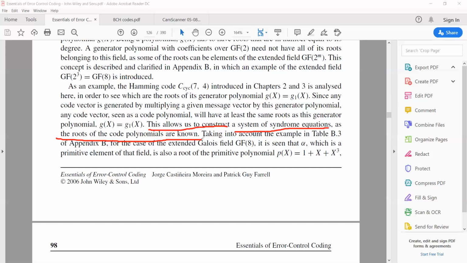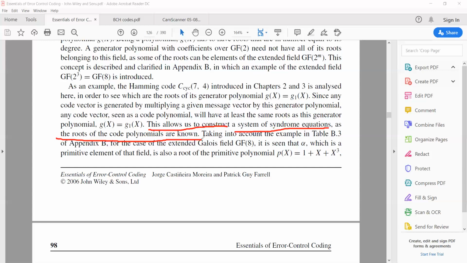Then when we receive a different code and represent it as a polynomial equation, we calculate its roots.